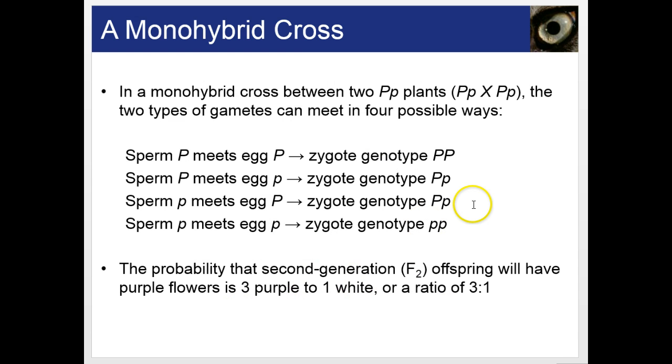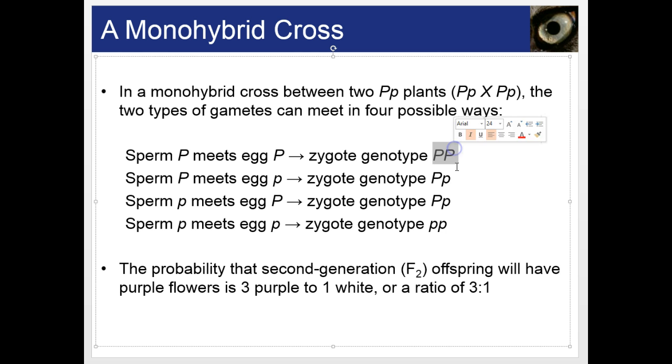And here are some of the different results that we can get. We have two big P's together, and of course we'll get big P big P. Big P with little p, of course, makes genotype big P little p. So in our first one here, these would be purple. Second result, these would be purple. Third result, these would be purple. And lastly, these would be white.